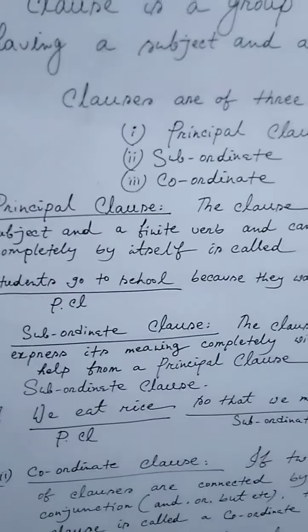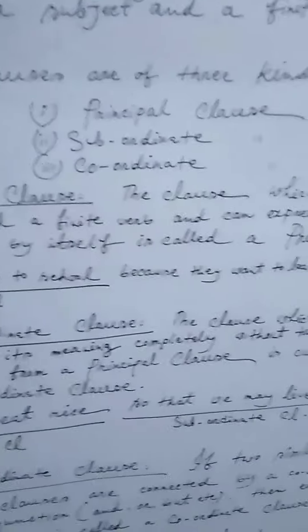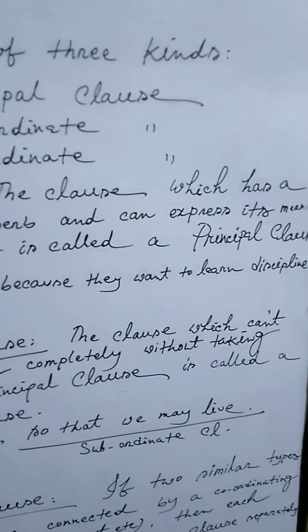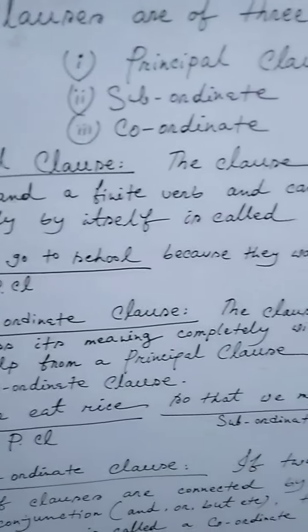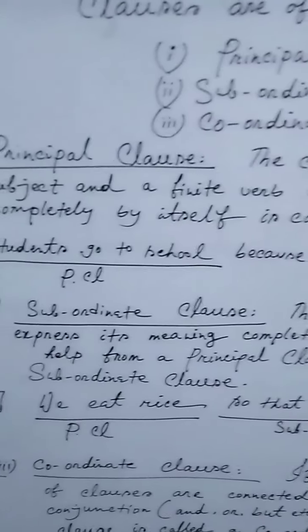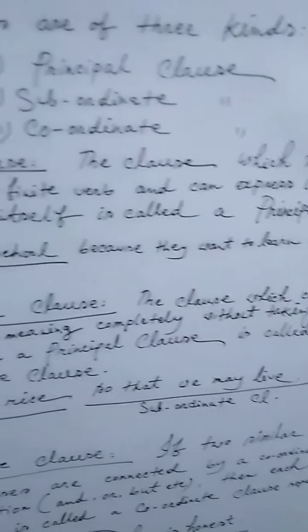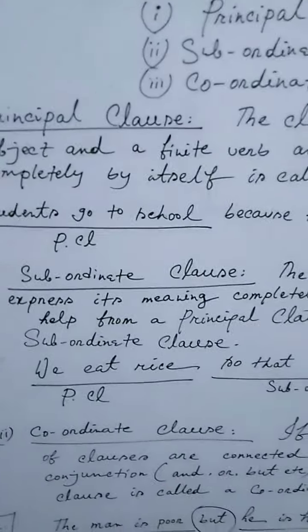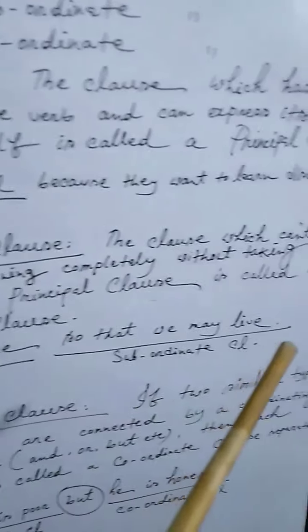Next, subordinate clause. The definition of subordinate clause is the clause which can't express its meaning completely without taking help from a principal clause is called a subordinate clause. Just for example, we eat rice so that we may live.